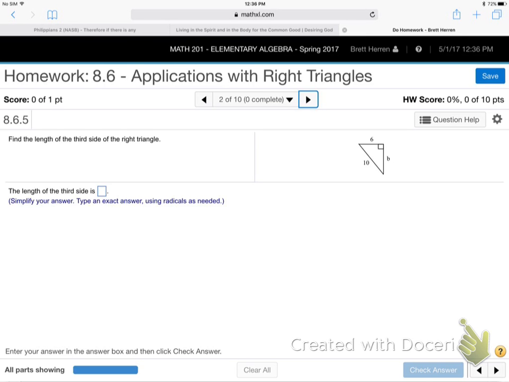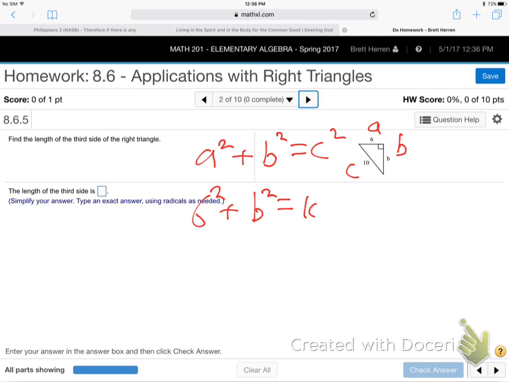So use the same formula, A squared plus B squared is C squared. It's an A there. So that's 6 squared plus B squared is 10 squared? Yep. You guys get the answer 8? Yeah. Good.